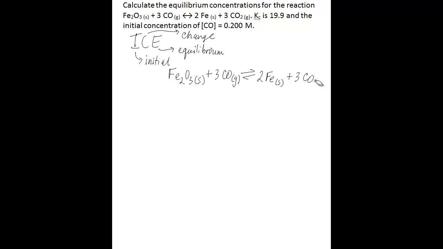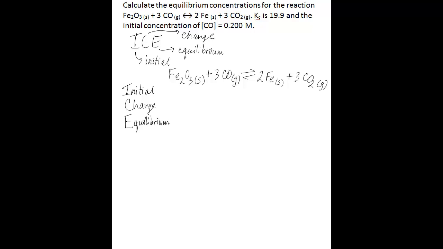Okay, and then at the head of your table you have your balanced equation, and then you're going to have 3 different rows. One row will be named initial, and this will be your initial concentrations. The second row will be change, and this will be the change that your initial concentrations will experience in order to reach equilibrium. And then the last row will be your equilibrium concentrations.